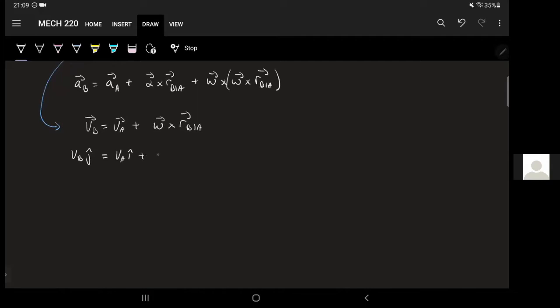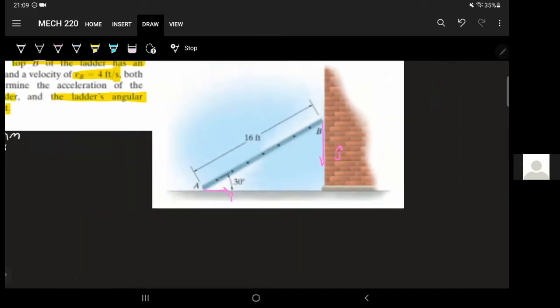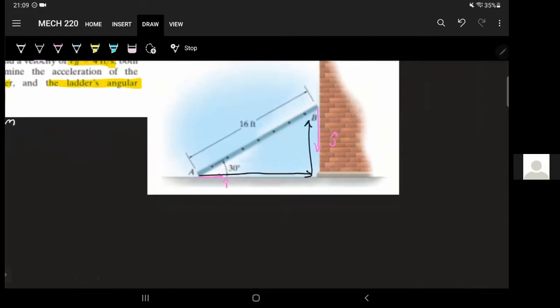Plus omega, which is going to be 0, 0, omega, right? Cross R B from A. So for R B A, we come back here. We know that we go in this direction and then up, right? And then we know that this one here is going to be 16 cos 30 degrees, right?